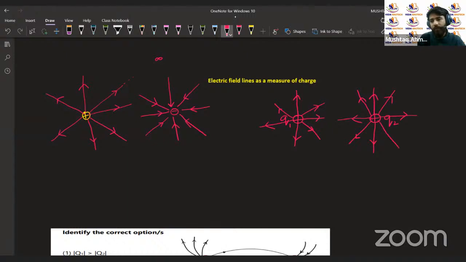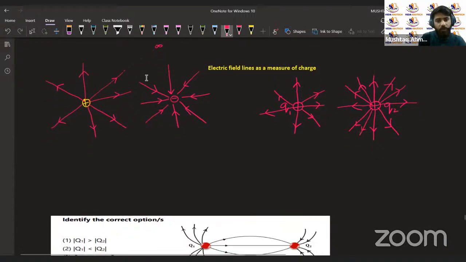So the more electric field lines originating from a charge or terminating on a charge, the greater the magnitude of that charge. The magnitude of a charge is directly proportional to the number of electric field lines. So the more the number of electric field lines, the more the magnitude of charge.